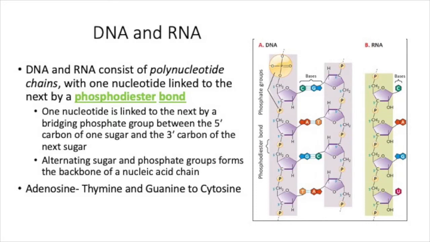So then you have DNA and RNA, what these consist of. Polynucleotide chains, right? You're going to have 1 nucleotide linked to the next by what's called a phosphodiester bond. So, diester, that's 2 esters: the phosphate linked to 2 oxygens.